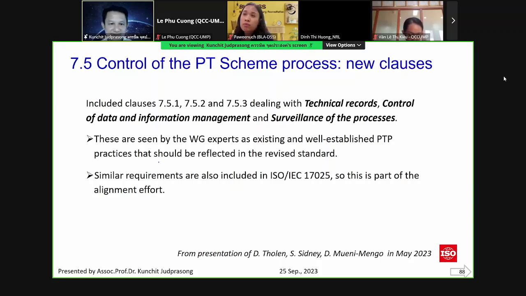They are seen by the working group experts as existing and well-established PTP practice that should be reflected in the revised standard. Similar requirements are also included in 17025, so this is part of the alignment effort of the 17043.